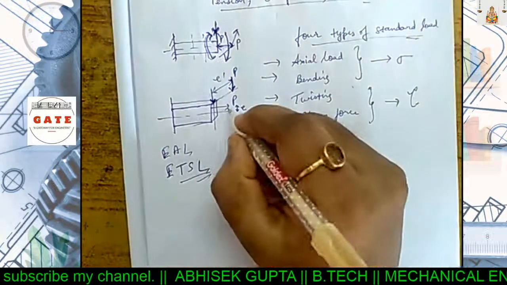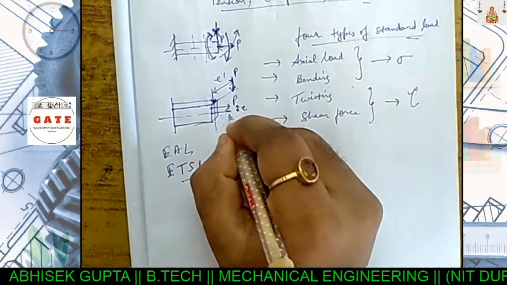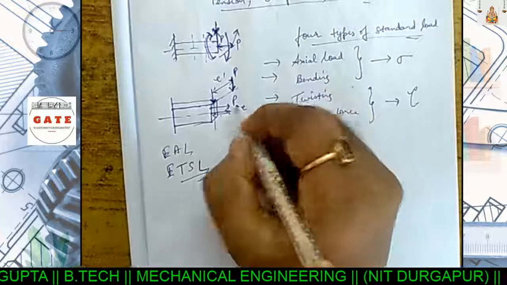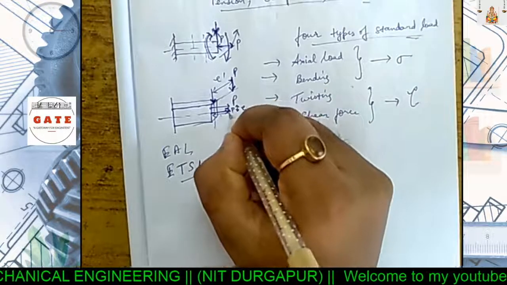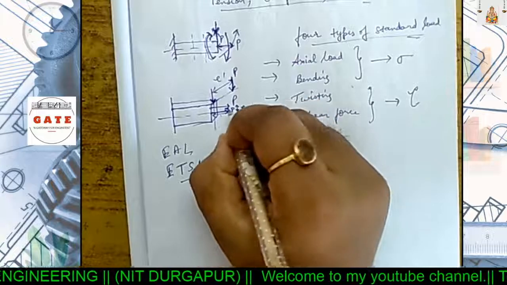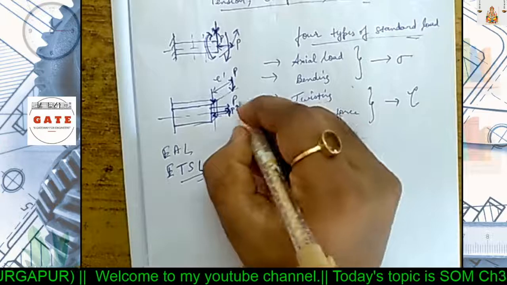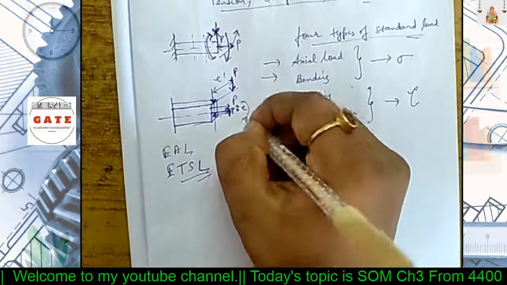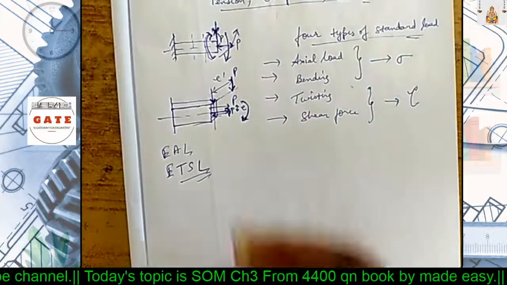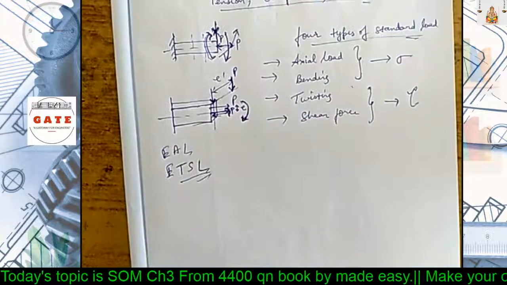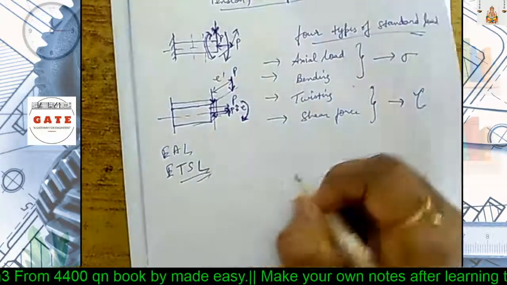For this, if we shift this load like this, we put one load here, another load here. So this load will cause tension here, but this opposite load will cause bending. So this eccentric axial loading will cause both tension as well as bending, or both axial load as well as bending moment.